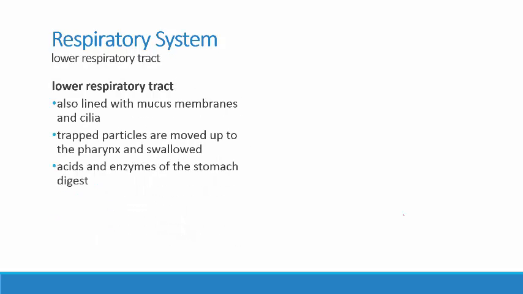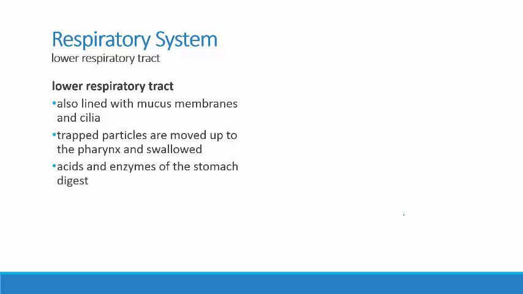respiratory tract. The lower respiratory tract is from the pharynx down, or below the pharynx, and just like the nasal cavity, it's lined with mucous membranes that are ciliated, so we've got a pseudostratified epithelium there.